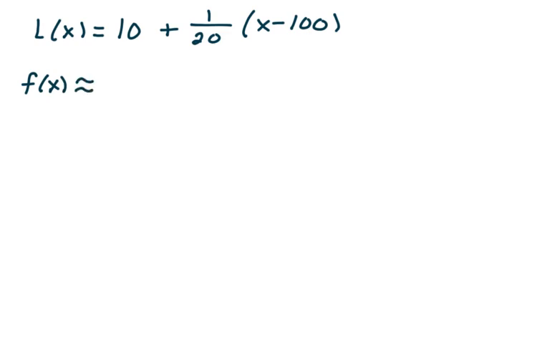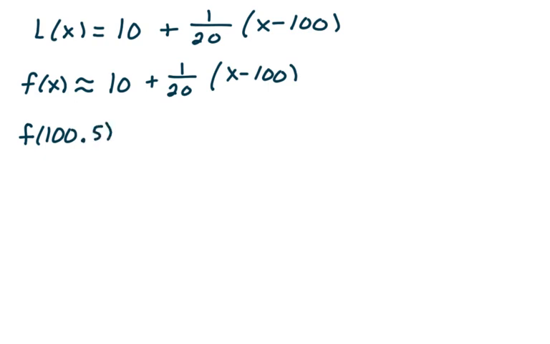So f of x is approximately equal to L of x, where L of x is equal to that stuff on the right-hand side. So in other words, f of x is approximately 10 plus 1 over 20 times x minus 100.